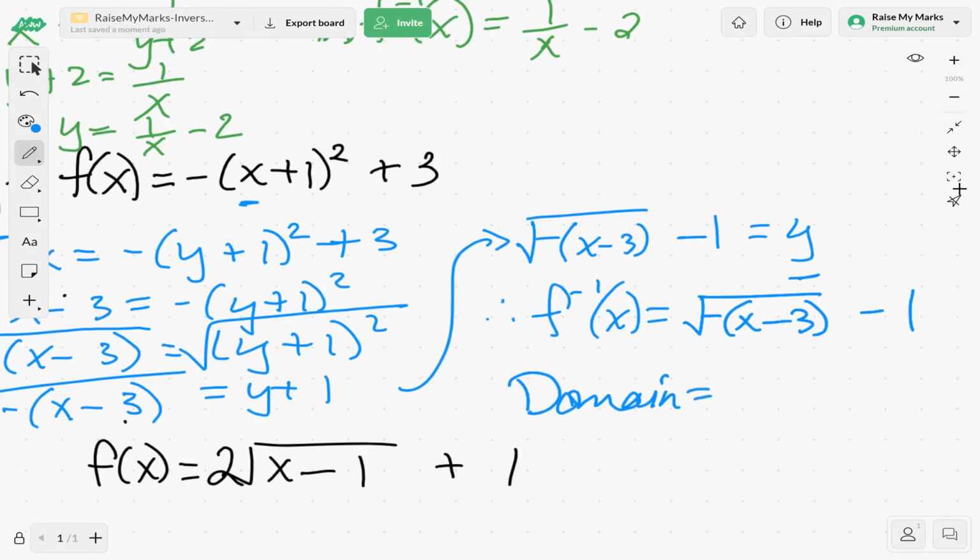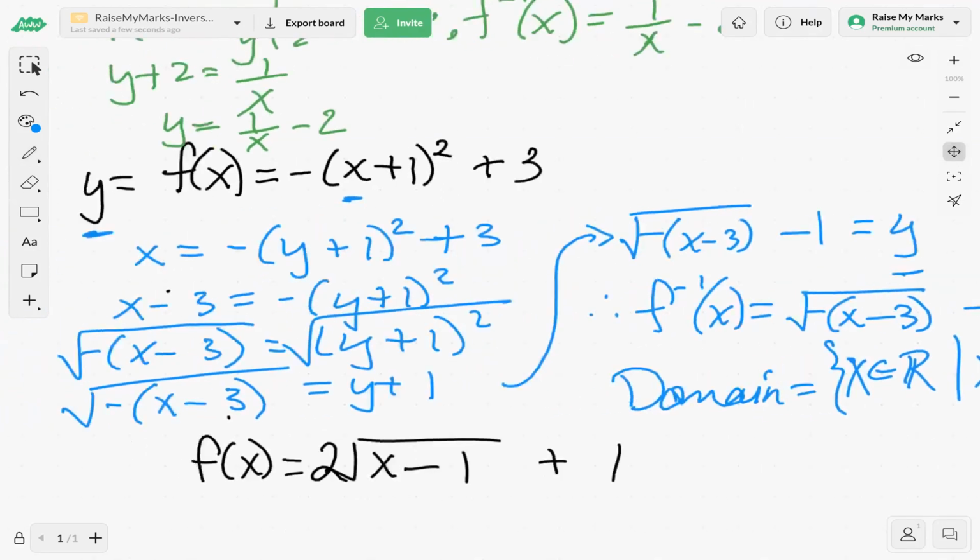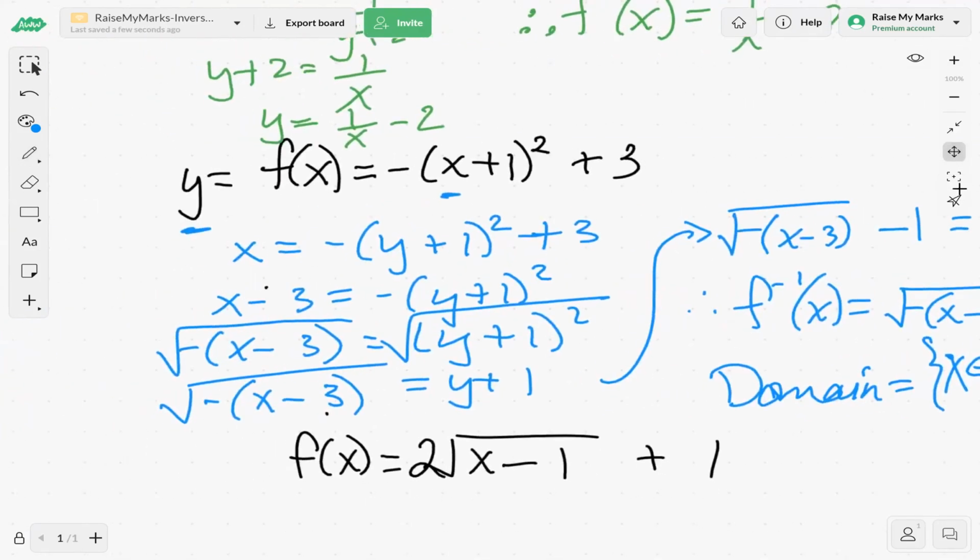So if our domain is x values that are real, such that x is less than or equal to 3, then I think we're okay. So if we put any value of x that's less than or equal to 3, we will have a positive value under the square root. And I'm sure if we were to have a look at our original function, we'd be restricting our domain in that way, in some manner.